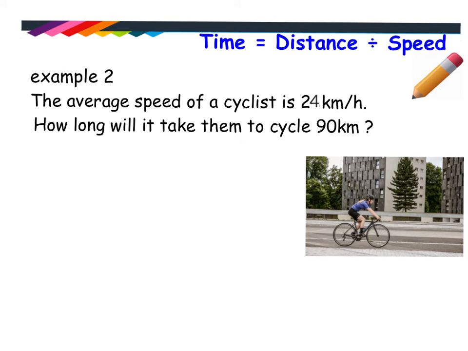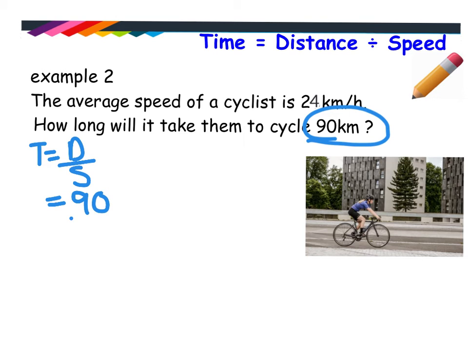In this example, we are talking about a cyclist. The average speed of a cyclist is 24 kilometres per hour. How long will it take them to cycle 90 kilometres? Let's start with a formula. Time equals distance divided by speed. Your distance is 90 and your speed is 24. So you do 90 divided by 24 on your calculator and it gives you 3.75 hours.